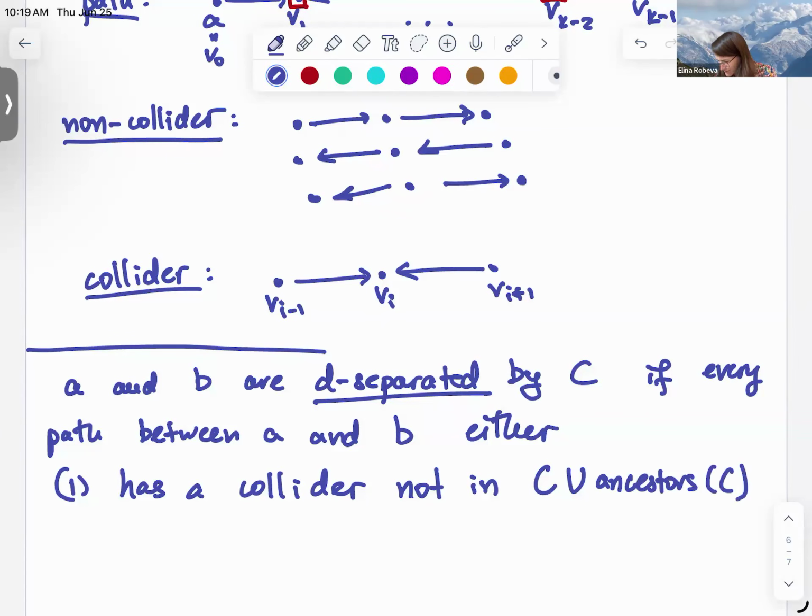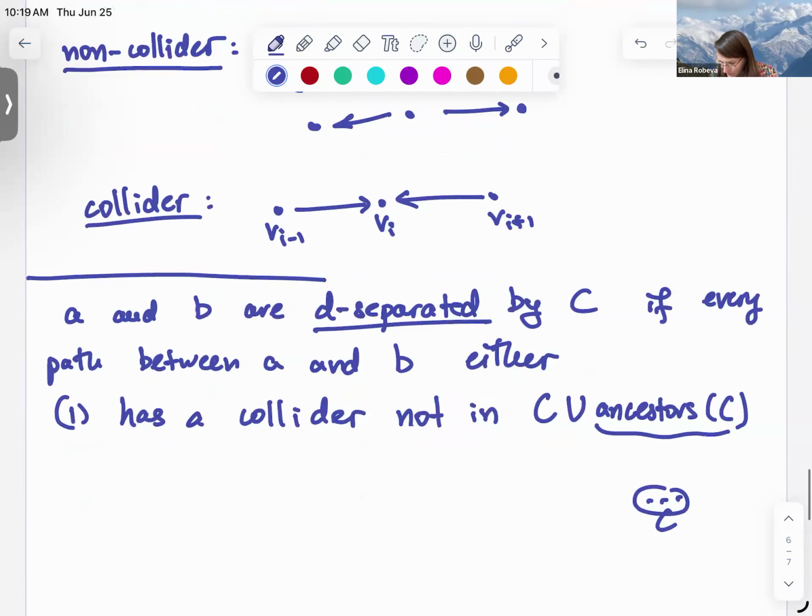of C. What are the ancestors of C? Well, it's what you think it is. So if this was C here, the ancestors of C are any vertices that have a directed path to C. So just ancestors, the way you think about it.